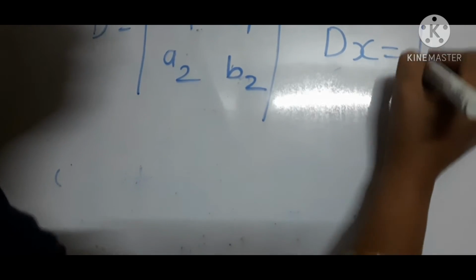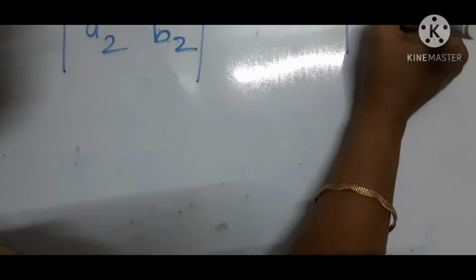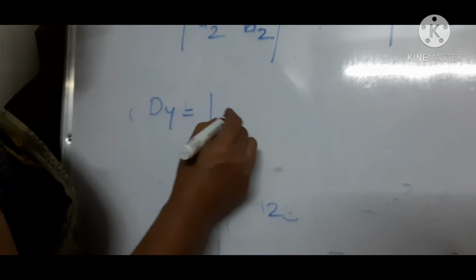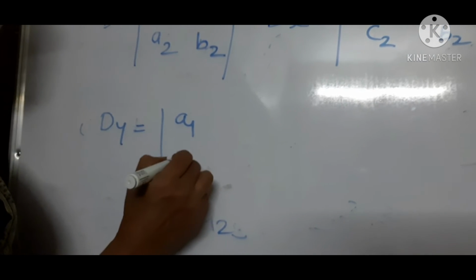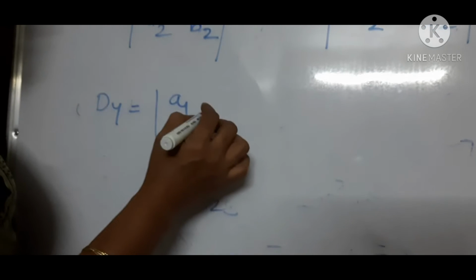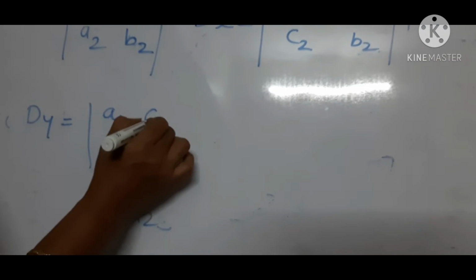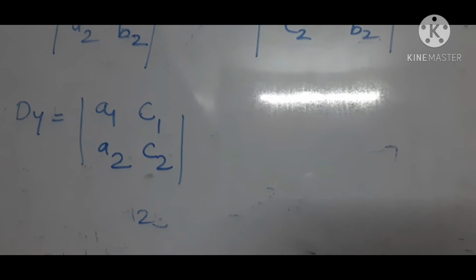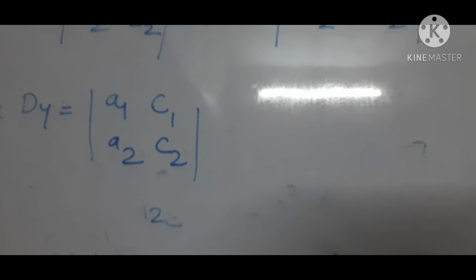Dx is equal to the x column, coefficient of x, replaced by the constants. And what is Dy? In Dy, coefficient of x as it is, coefficient of y will be replaced by constants. If we solve these determinants, we get the solution of the linear equation. So this is about two variables.